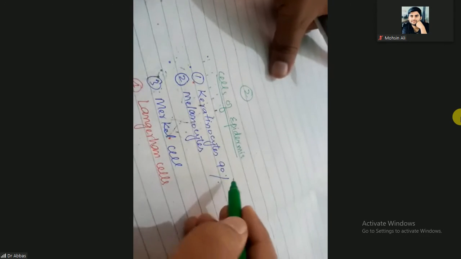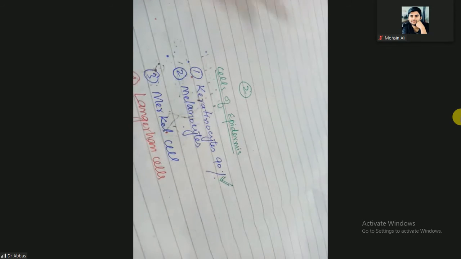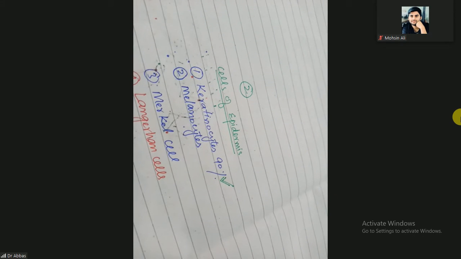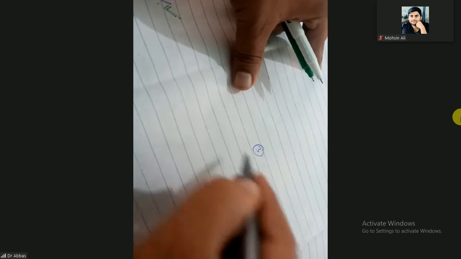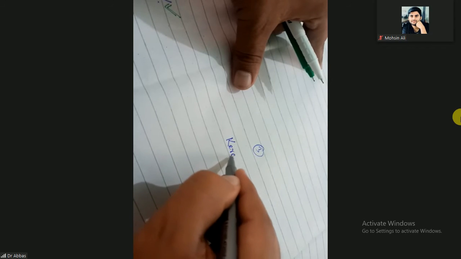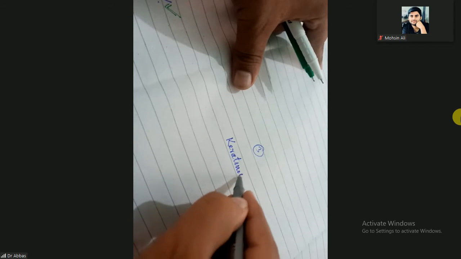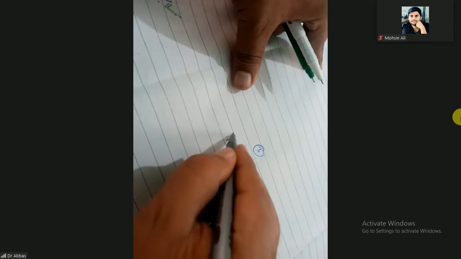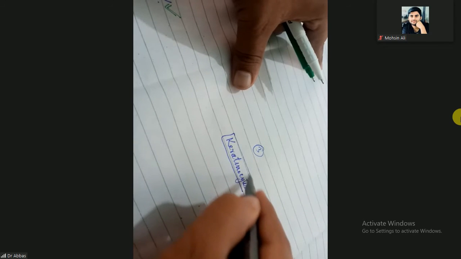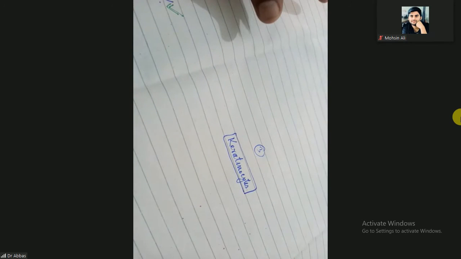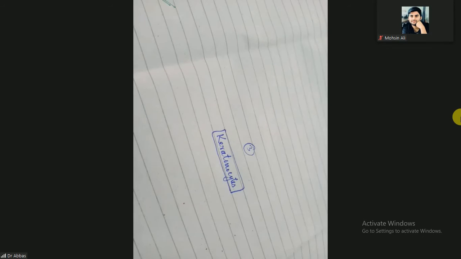Cells of the epidermis one by one. So 90% are the keratinocytes. Let's start with the keratinocytes. Page number 3, keratinocytes. These are the cells of the skin that comprise 90% of our epidermis.